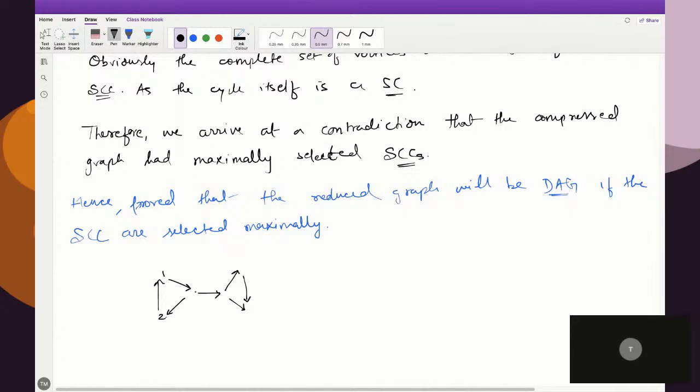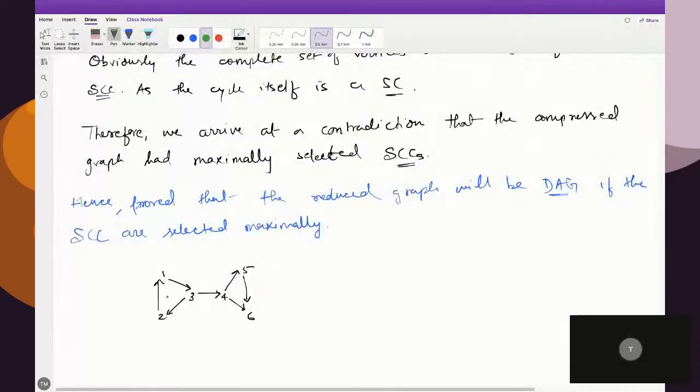One, two, three, 4, 5, 6. So here one can clearly see that this is one strongly connected component. I'm sorry, one small mistake I made here. And another connected component is here. There are two connected components, right?